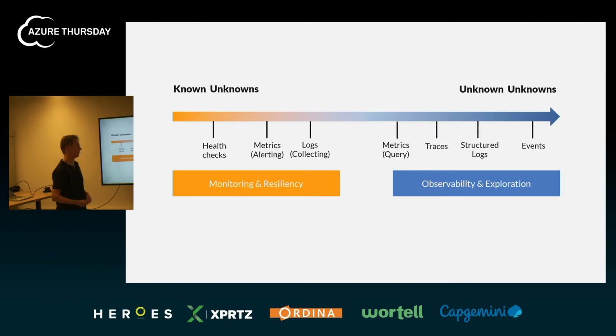So we use traces, we have structured logs, we have events. I will explain what they are in just a bit. But I hope you get the point that in this complex system world we need to go to these kinds of metrics.